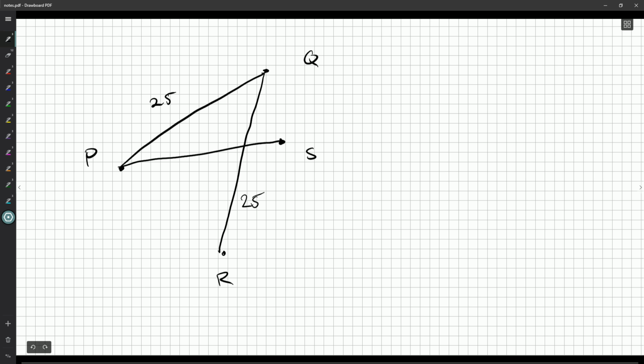Now we have our very first triangle. We've got a 7 here, a 24, and that means I'm going to have a nice little right-angled triangle here, because 7, 24, 25 is what we call a Pythagorean triple.